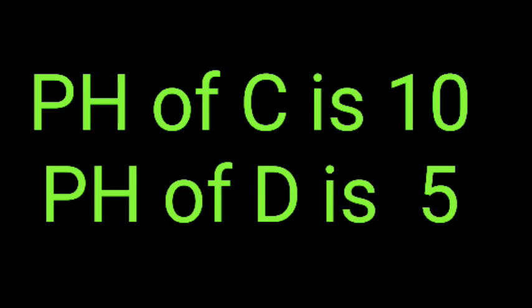Then what is the nature of the salt produced in the reaction between C and D? Simply take the average of these two pH values. 10 plus 5 is 15, 15 by 2 is the average, half of 15 is 7.5.